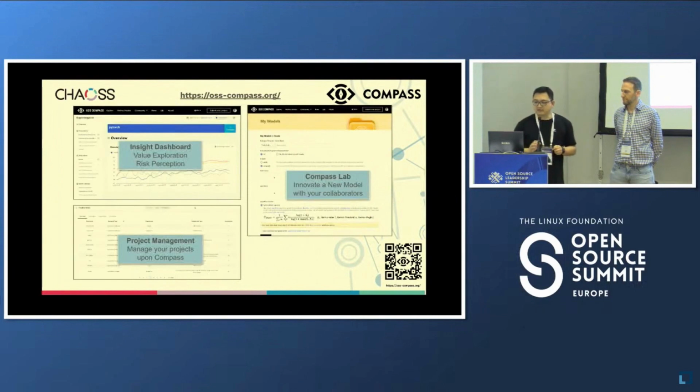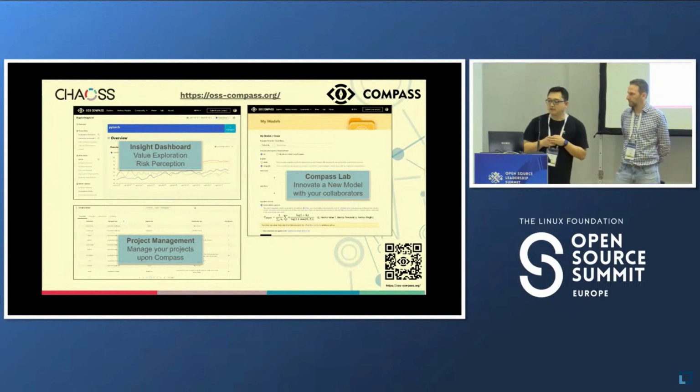Next, I will use 3 main pages to explain what kind of service we provide for all of you. The first page is the Insight Dashboard. This is a detailed model result for each single repository or community. It provides value exploration and risk perception.